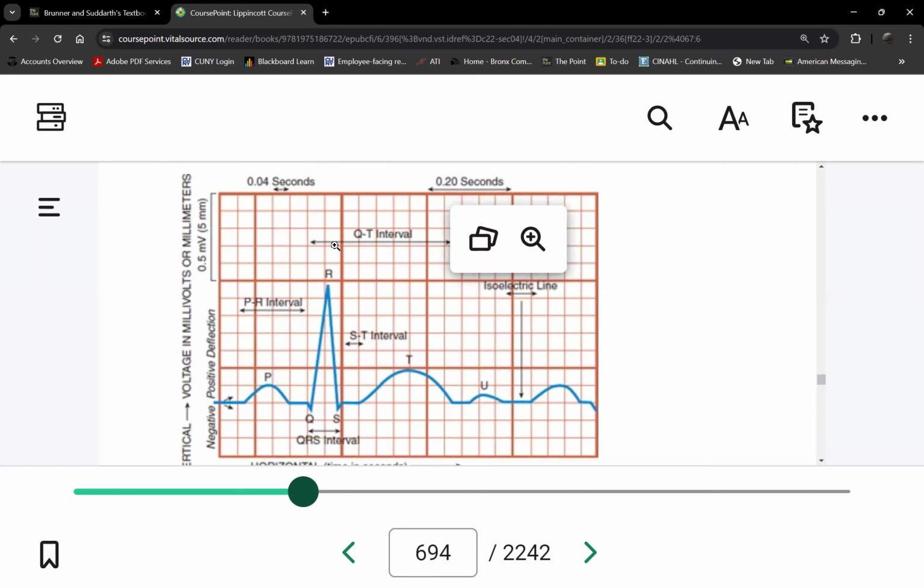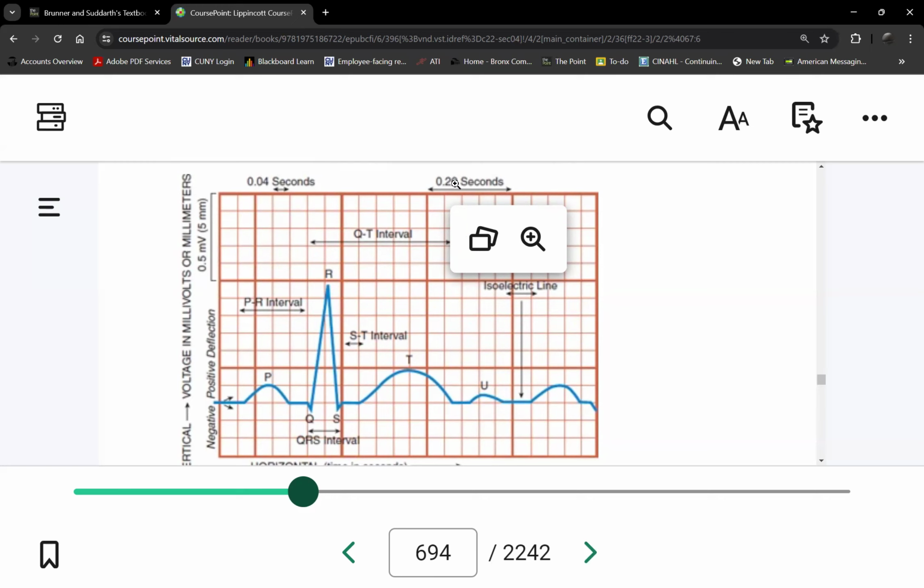Inside this big square, there are a total of 25 small squares, 5 in each row, 1, 2, 3, 4, 5, and the same 5 up. Since we're measuring time, let's look at the horizontal axis. If each small square is 0.04 seconds, times 5, one big box is 0.2 seconds.